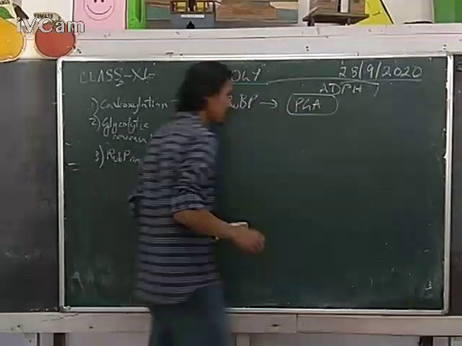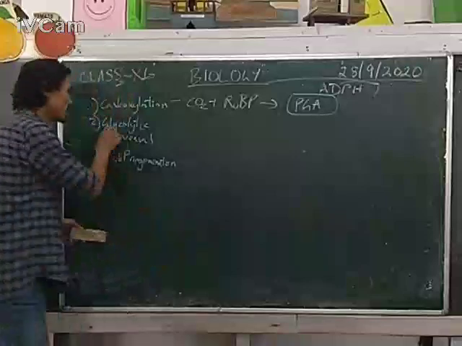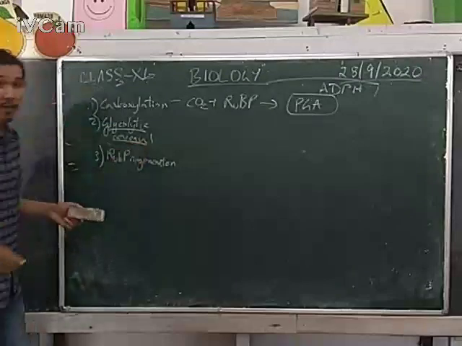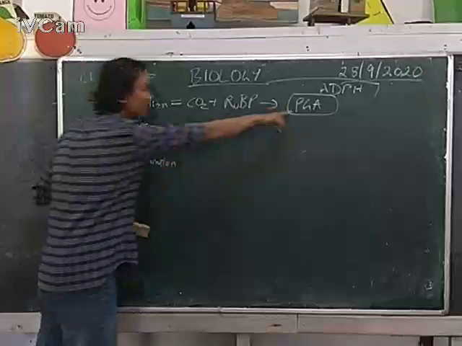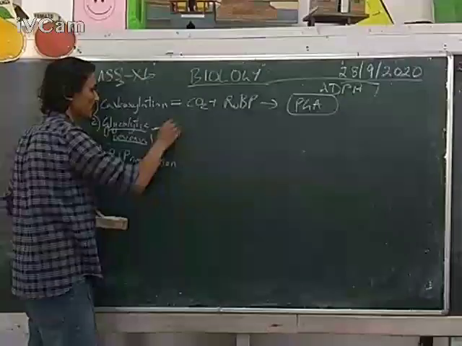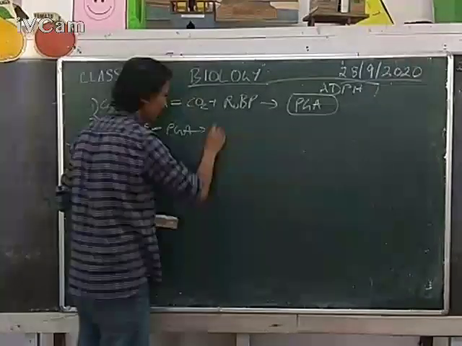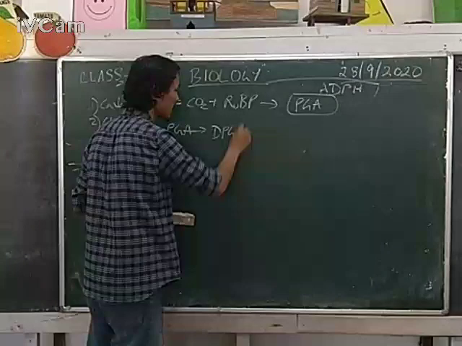Glycolytic reversal is just the reversal of glycolysis. In this particular step, the PGA that is formed is converted into diphosphoglyceric acid.